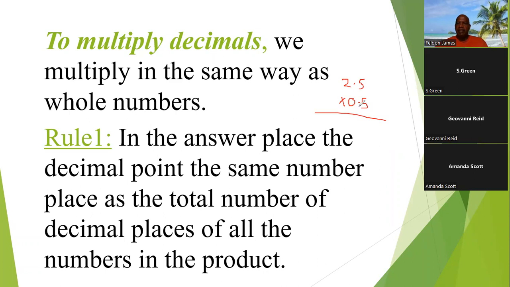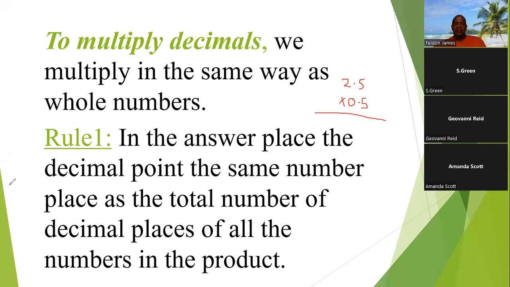Now, how many numbers are we multiplying together to get the product here? We're multiplying how many numbers? Four numbers. Well, not four numbers, but two numbers. We're multiplying 2.5 with 0.5, right? So we are multiplying two numbers.